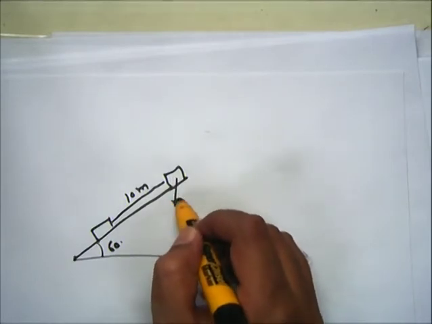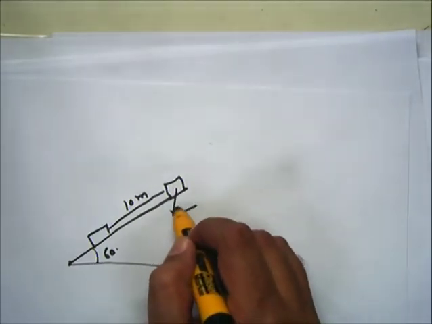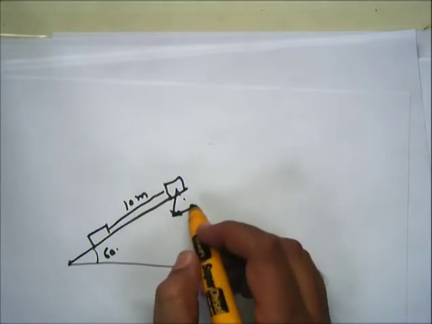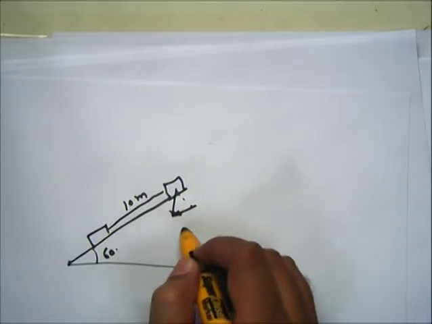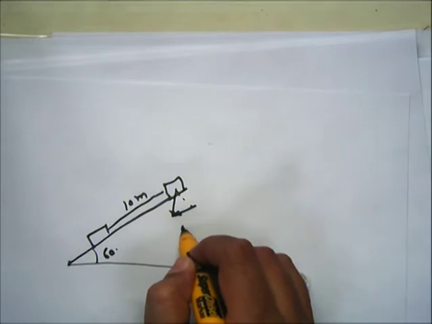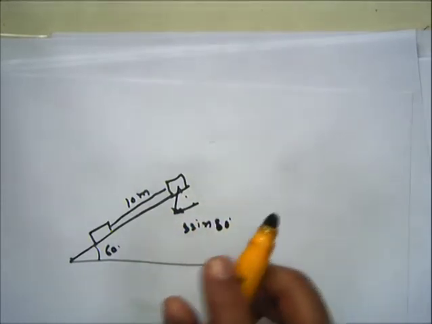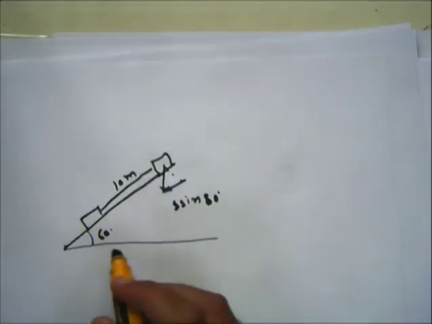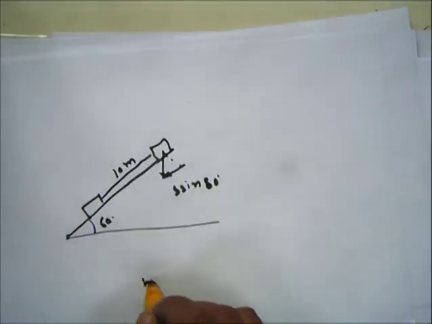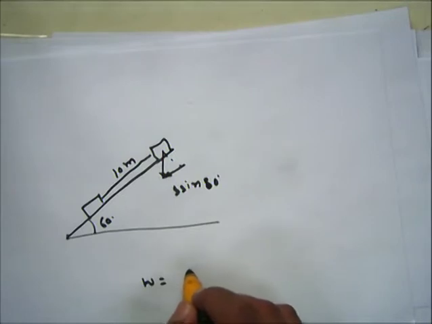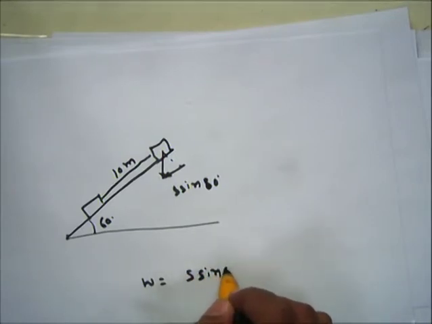Here is the weight, and the component of the weight in the direction of the slope is 5 sin 60 degrees. So work done is 5 sin 60 degrees into 10.